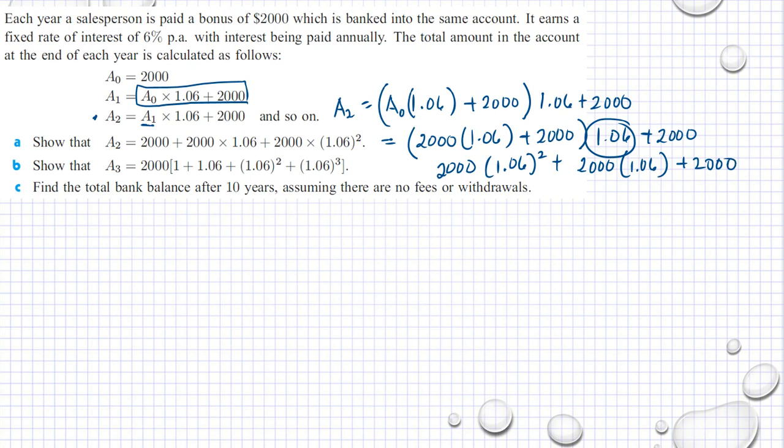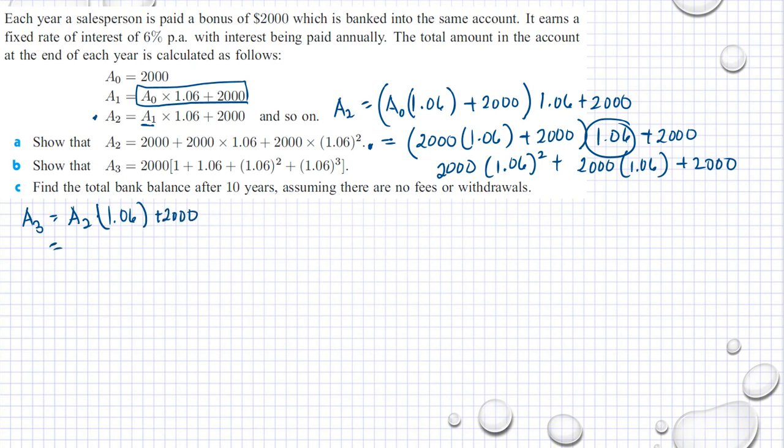Okay, then you've already done that. Then A sub 3, of course, is A sub 2 multiplied by 1.06 plus 2,000.